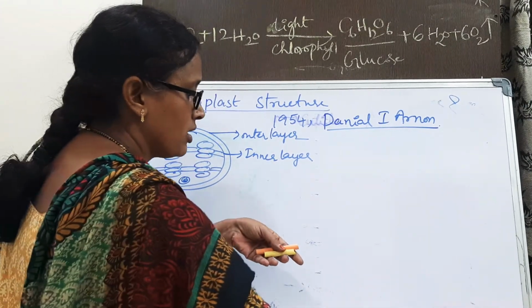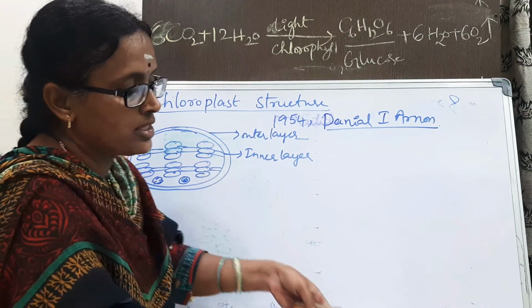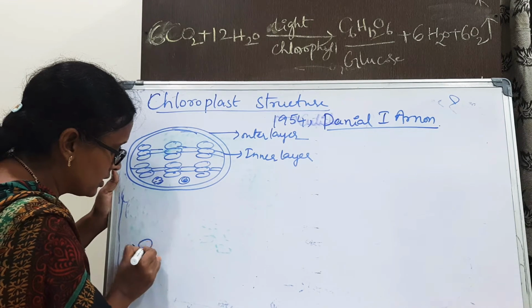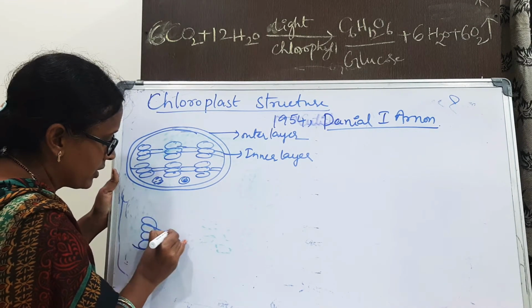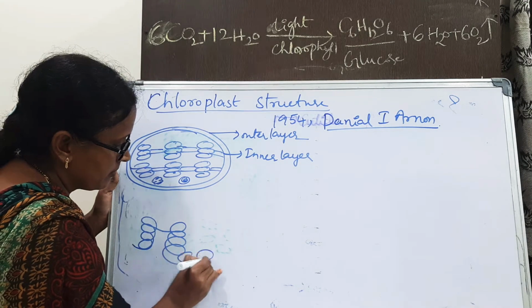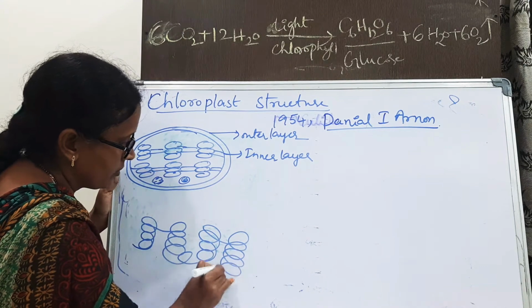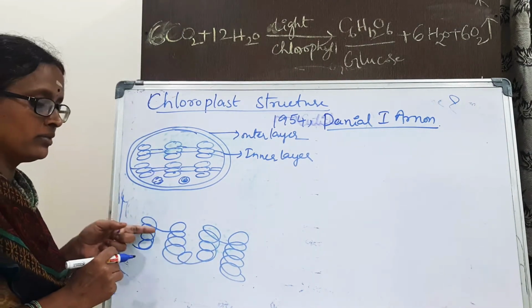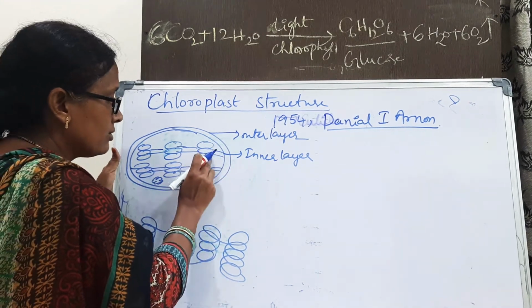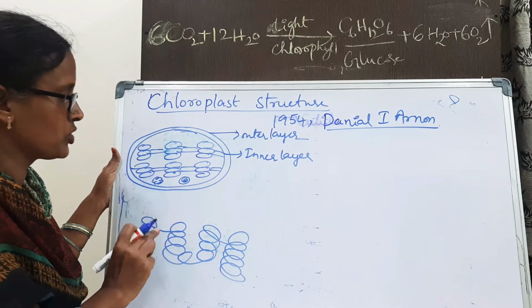Like that, the third layer is folded and forms a pile-of-coins-like structure.